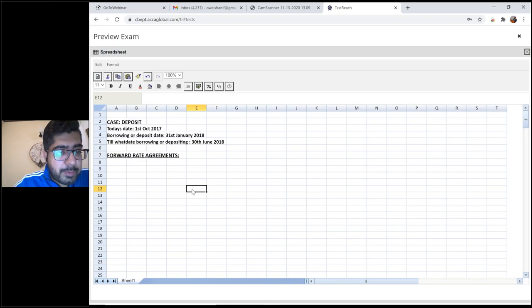So let's start forward rate agreements, and you have to work on two cases.